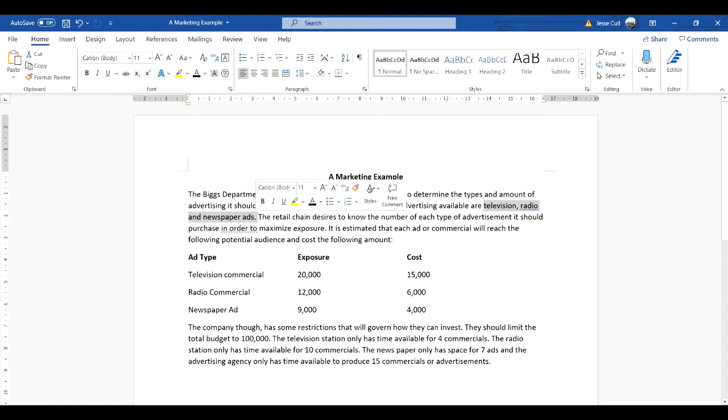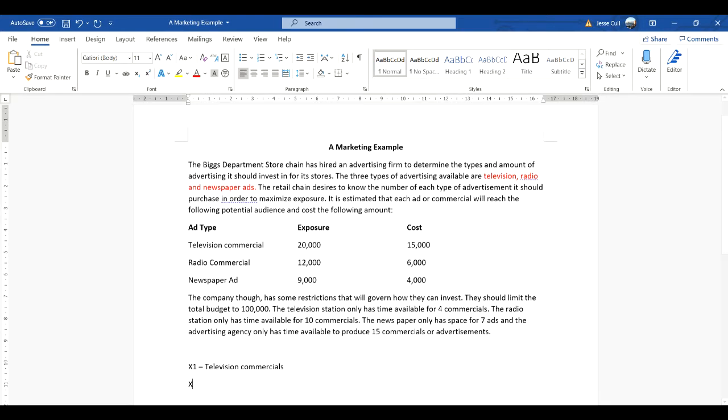These represent decision variables. So let's highlight those. And we'll say that X1 is television commercials. X2 is radio ads. And X3 is newspaper ads.